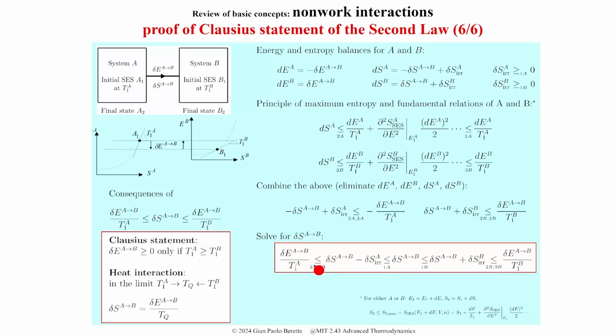Okay, but so if A is a reservoir and ends up in an equilibrium state, then either this one or the other one cannot be strict equality.